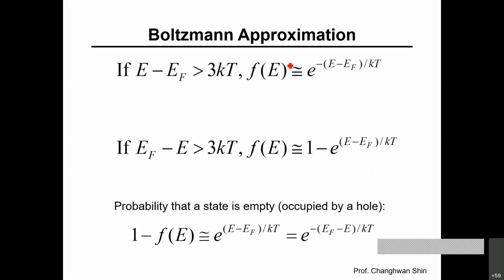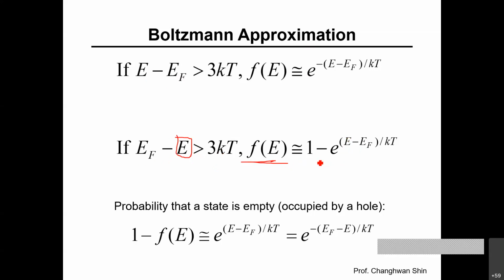Which should make our life much easier whenever we are solving the integration problem. And if the energy level that we are interested in is lower than the Fermi energy level by at least 3 times kT, then the Fermi function can be approximately written as 1 minus exponential something.